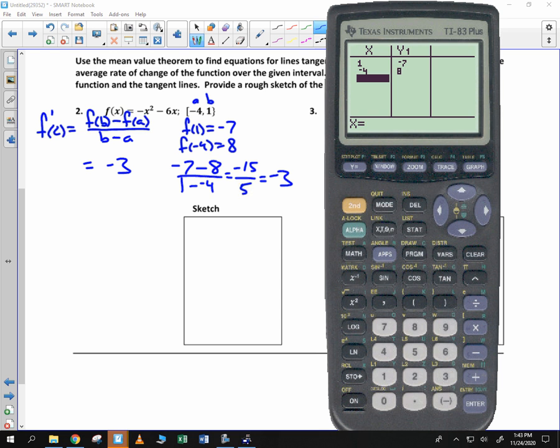I'm actually going to graph the function so you can see. Okay, we see what the function looks like, but I just want to look at it from -4 to 1. So see if we can do this. I tried doing this earlier. You can restrict the domain by pressing a divided sign and a parenthesis, and then we're going to say x must be greater than or equal to.